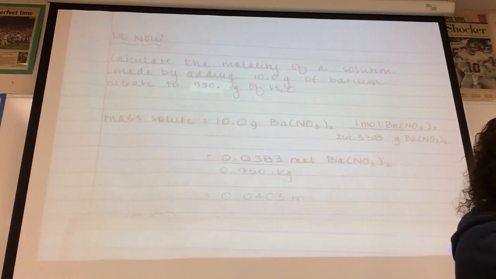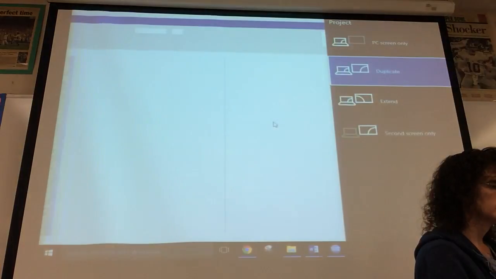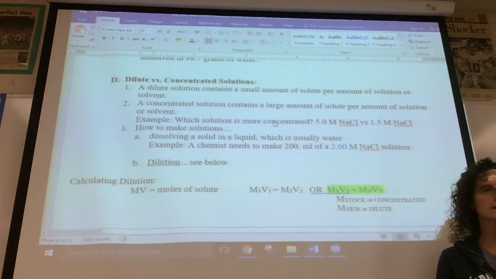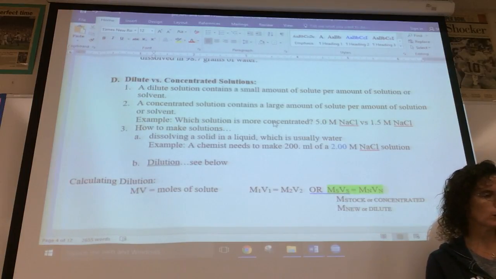What we're going to talk about today is whether a solution is dilute or concentrated, how to make solutions two ways, and you'll be doing a little mini lab next week in which you'll be making solutions two different ways.